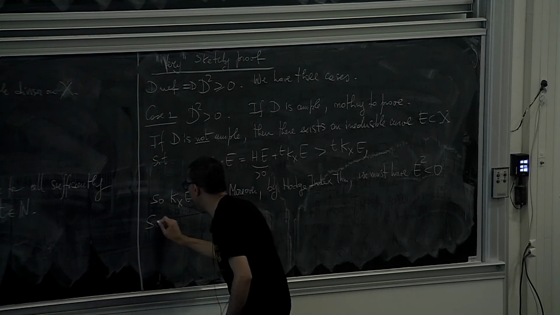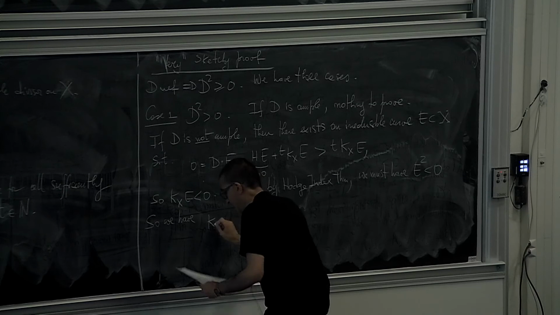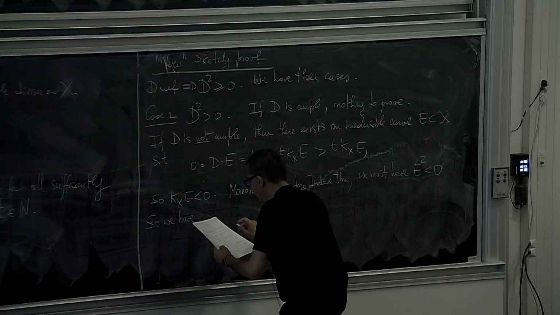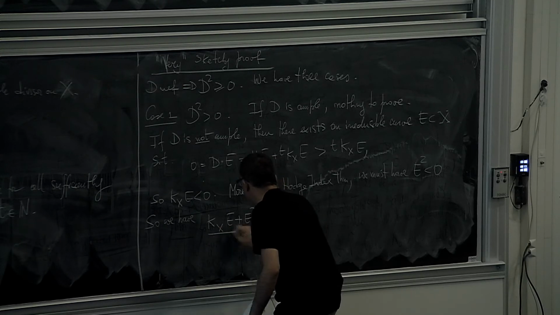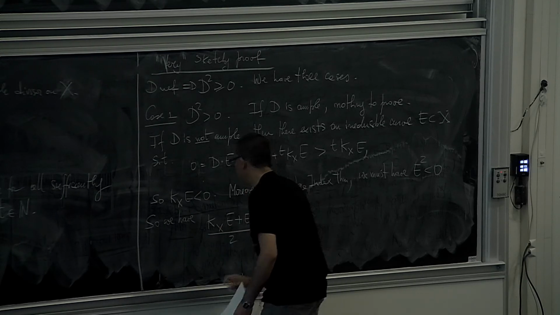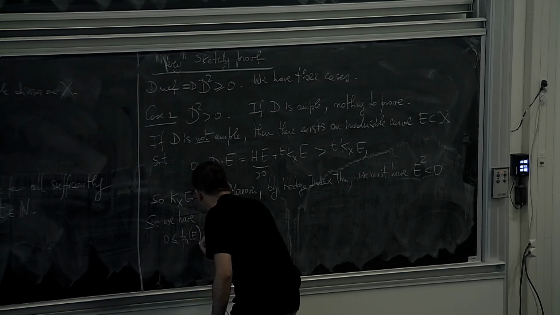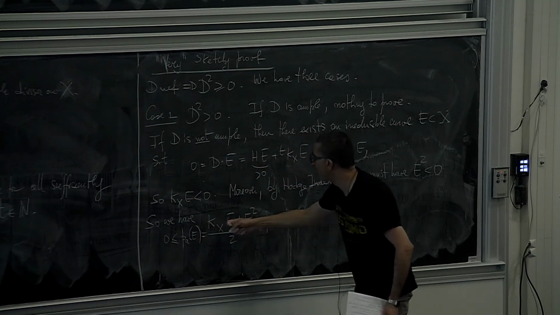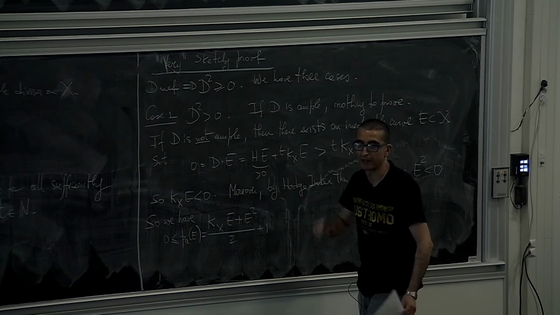So we have K_X·E plus E squared, divided by 2, plus 1. This must be 0, greater than or equal to this. This is the arithmetic genus. And these are both negative. So the only possibility is that this equals -1.